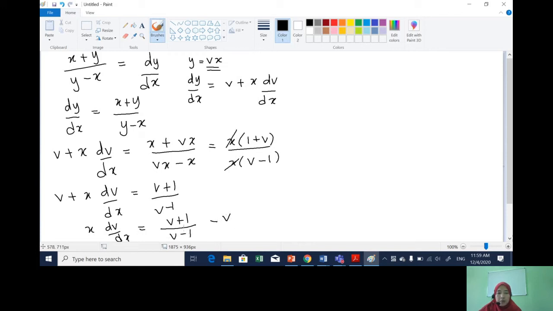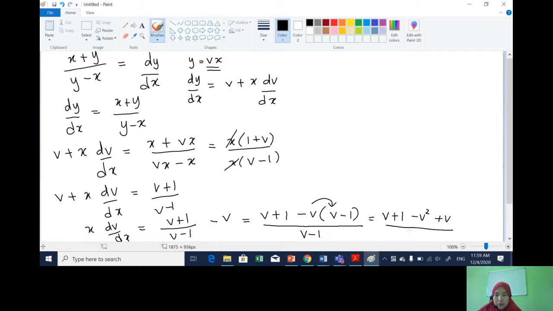Minus v we combine with this denominator, so we have v plus 1 minus v in the bracket times v minus 1, over v minus 1. Open this bracket, so we have v plus 1 minus v squared plus v.